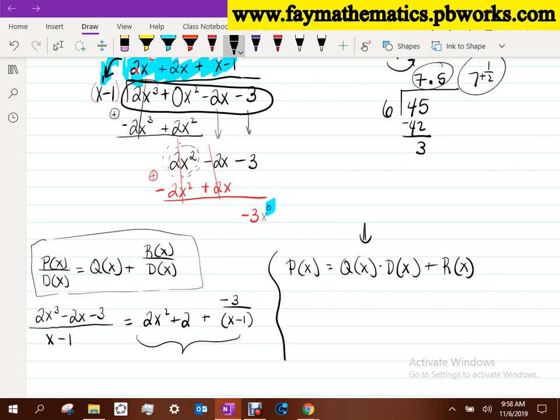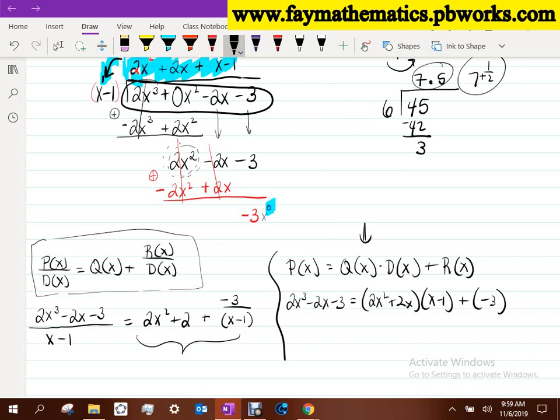So P of x is the 2x cubed minus 2x minus 3. Q of x, we said that was 2x squared plus 2x. Your divisor, x minus 1, plus your remainder of negative 3. If you were to multiply that right-hand side out, it gives you 2x cubed minus 2x minus 3.